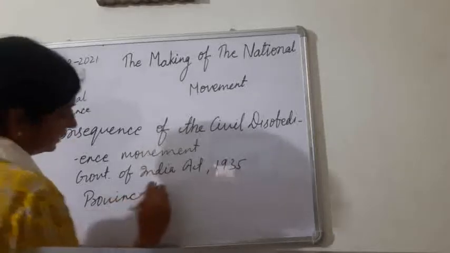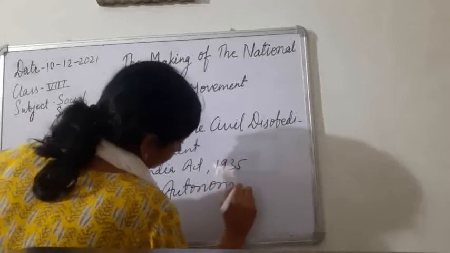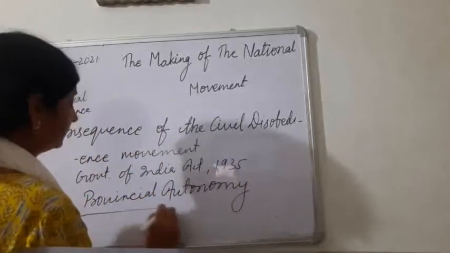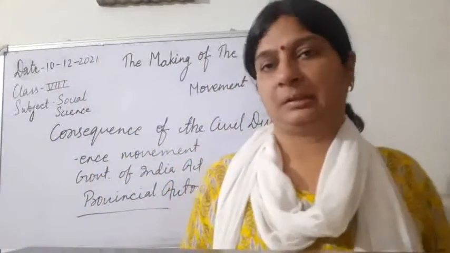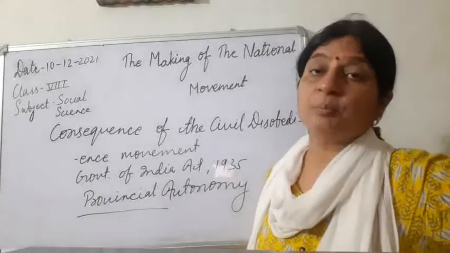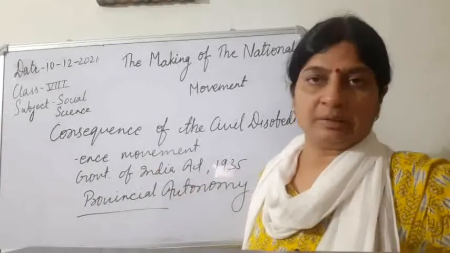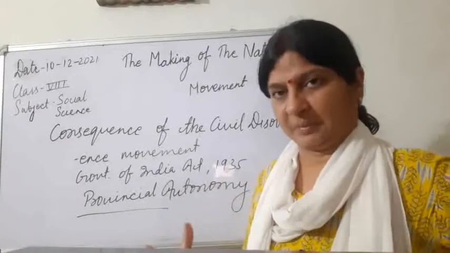So what is the meaning of provincial autonomy? You know, the country was divided into different administrative units, and these were called the British India provinces. So according to this act of 1935, the provinces were given freedom in some respect, not all.